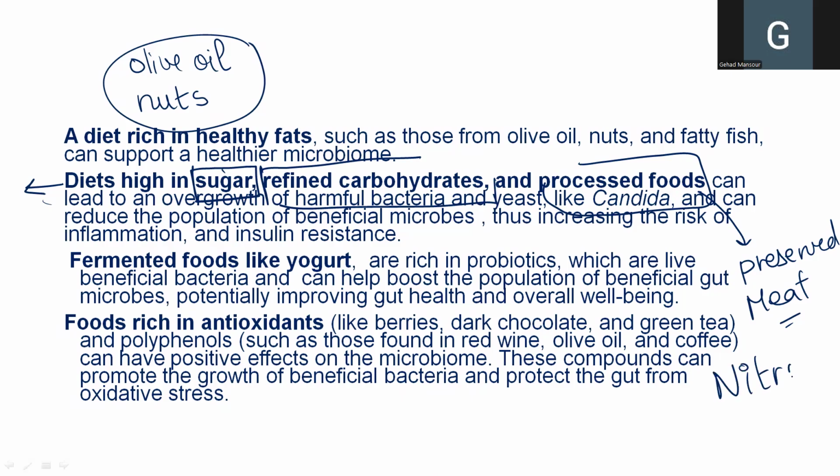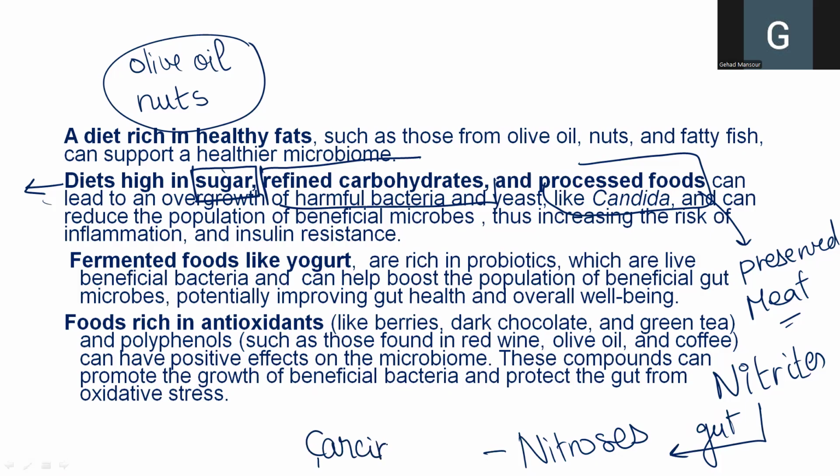The nitrites are broken down by the gut flora into nitroses, and the nitroses are carcinogenic, meaning that they increase cancer risk. It's not written on the slide, maybe, but we said it several times in class.